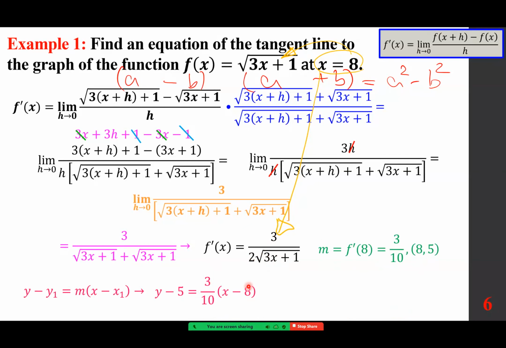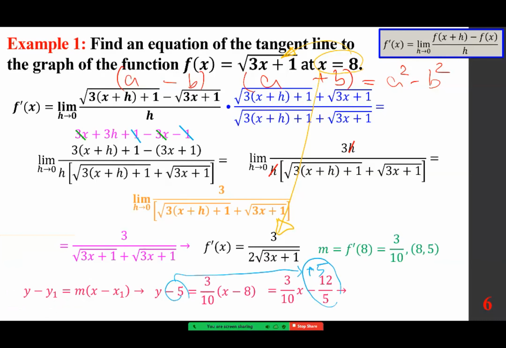And if you multiply these two, you get minus 24 over 10, or minus 12 over 5. I'm going to move the negative 5 and add it to 12 over 5. 5 is 25 over 5. And we get this final answer.